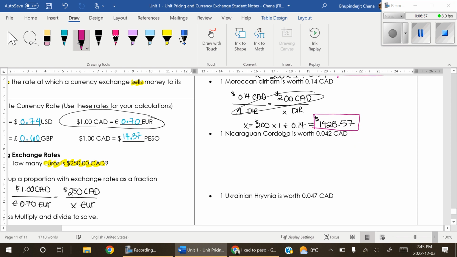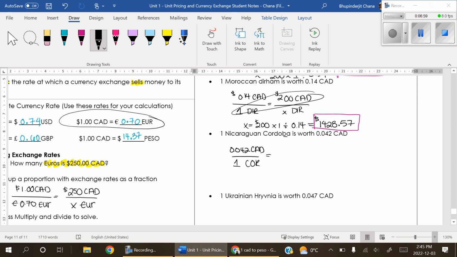Okay, one more. 1 Nicaraguan Cordoba is worth 0.042 Canadian. Okay, so 0.042 CAD divided by 1 Cordoba is equal to 200 divided by X Cordoba.